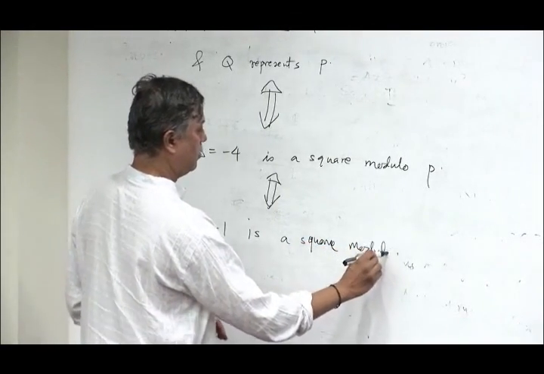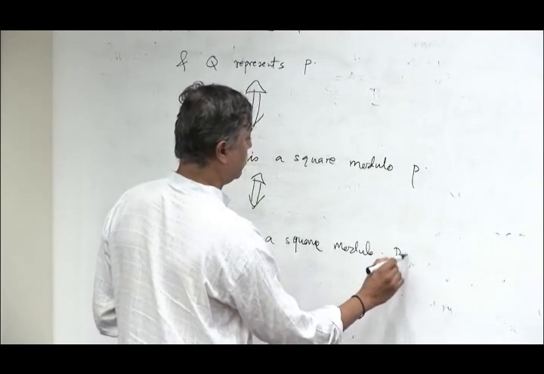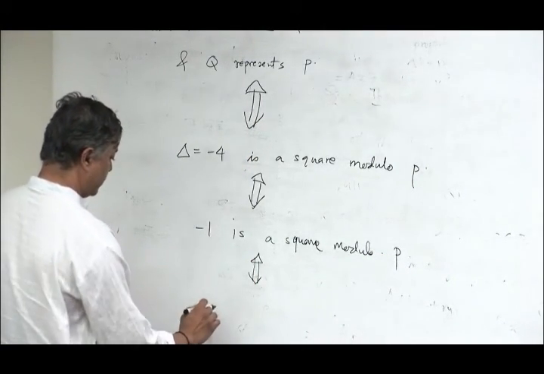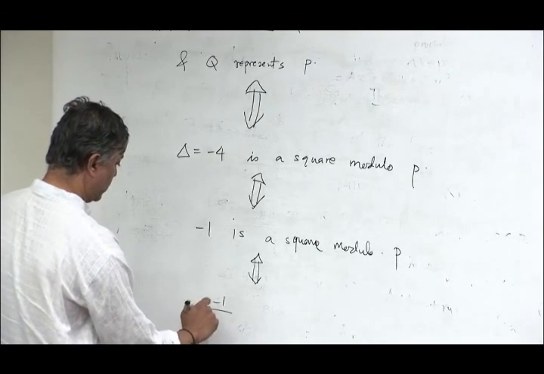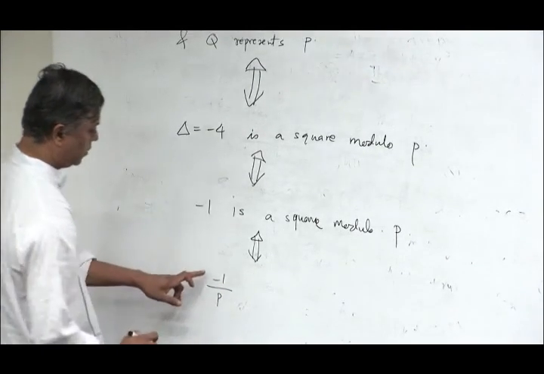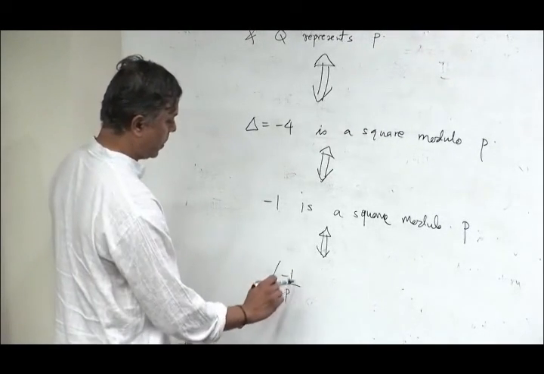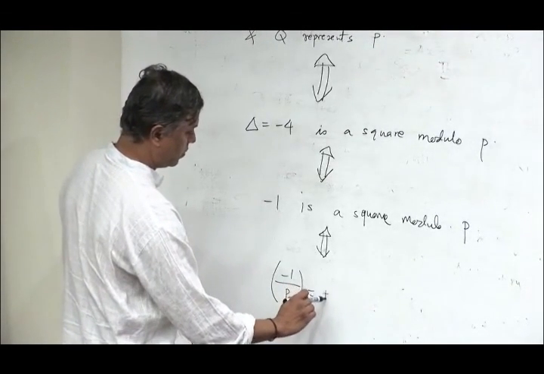In the notation of Gauss, the quadratic residue of minus 1 modulo P is 1.